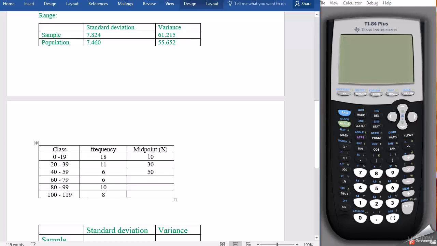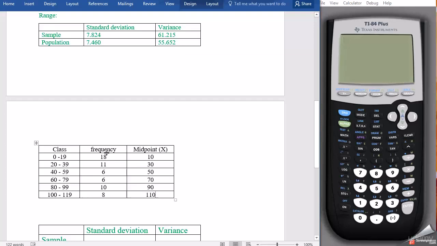And now you can see there is a pattern, just like we did when we were finding the mean and median. The pattern is we're adding 20 each time. So the next should be 70, followed by 90, and then 110. Okay, so the midpoint is set, which represents our x, and of course we have the frequency.